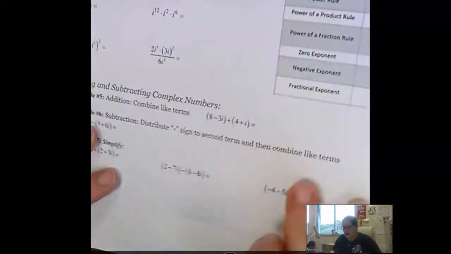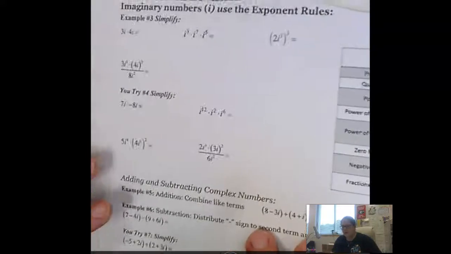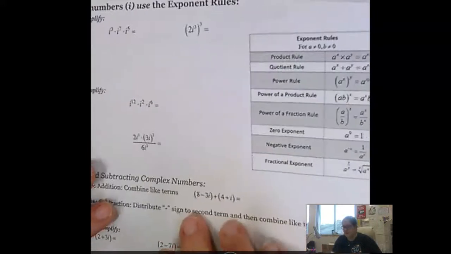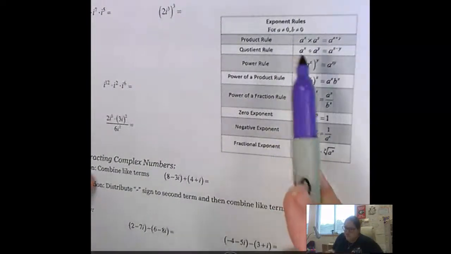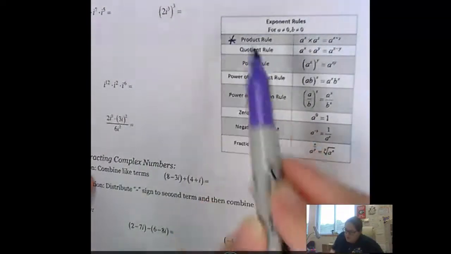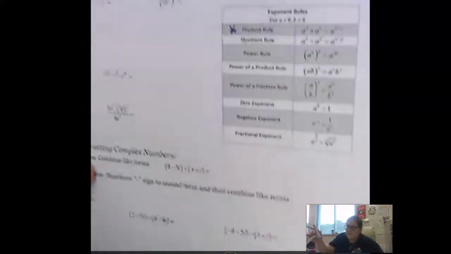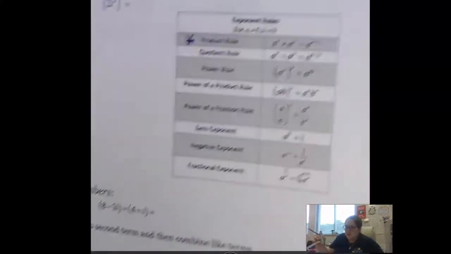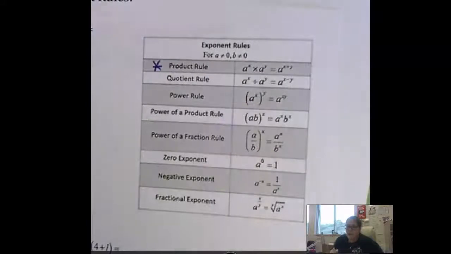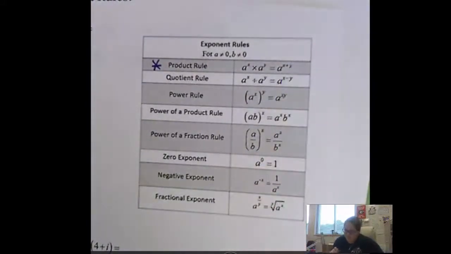Now i also follows the other properties of exponents. We have several properties of exponents. This chart in your notes reminds you of those. This is one we use a lot, the product rule: if I'm multiplying two terms that have the same base, in this case a or i or whatever it is, then I add the exponents together.